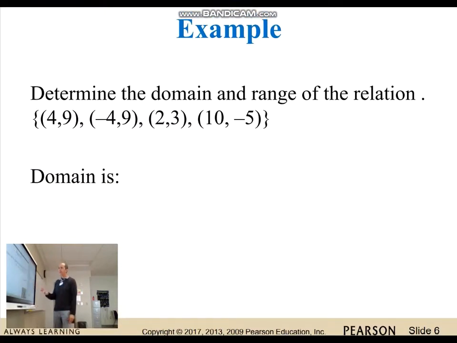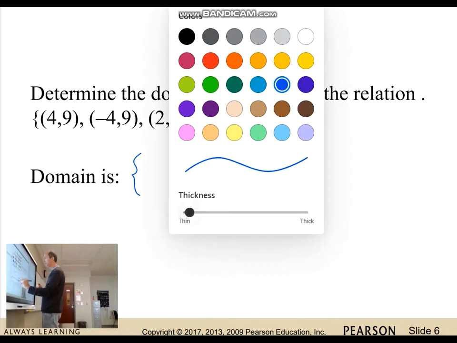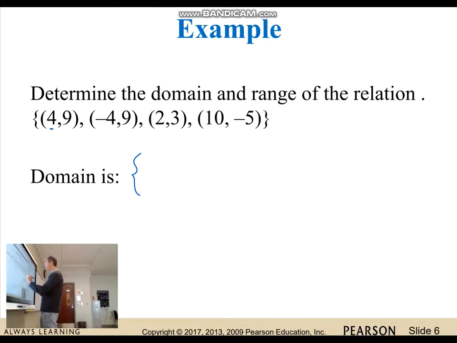And a very simple example here. If we have this set of ordered pairs, the domain is going to be all the x coordinates. So let's find the domain, all the x coordinates. We have 4, -4, 2, and 10.